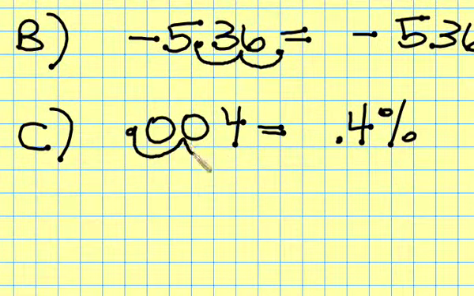I moved the decimal over 1, 2, and I add the percent. I don't remove the decimal this time because the decimal is in front of the 4, not behind the 4. So I want to make sure I keep that decimal there. This is the only time that you do keep the decimal. Every other time, if the decimal falls behind the number, you will go ahead and remove it.